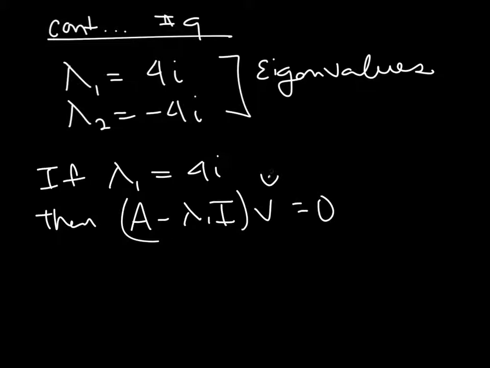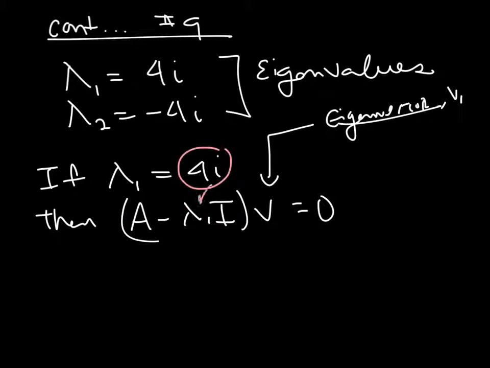This is our eigenvector that we would like to find, so I'll just call it v1. And again, we can just substitute our coefficient matrix minus the lambda 1 that we know.